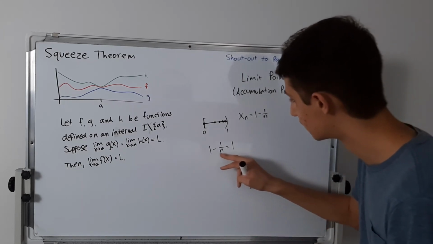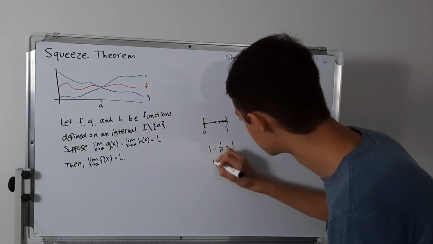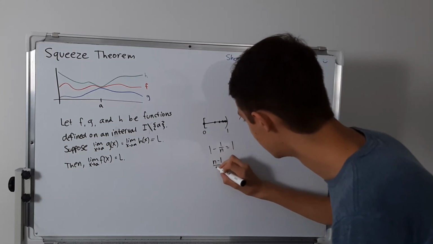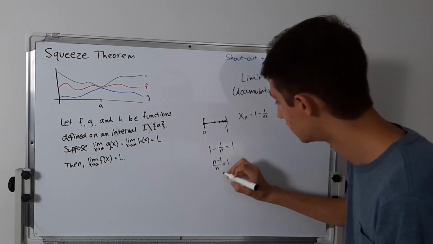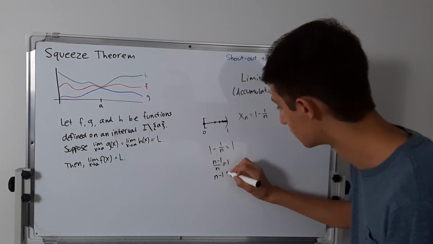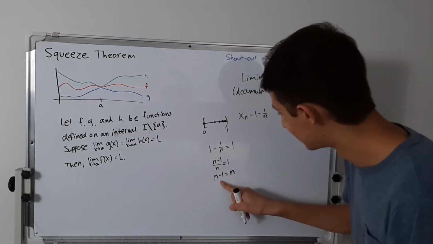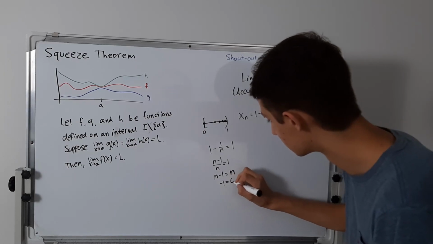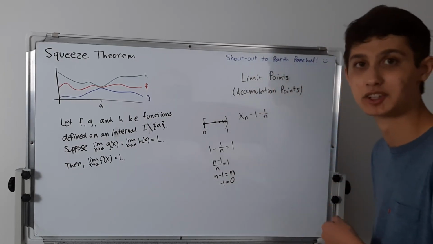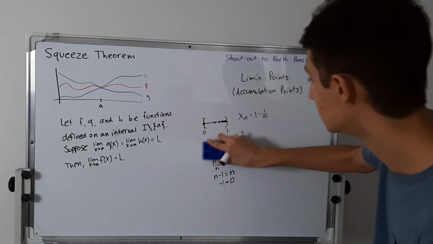Combining these, we get n minus 1 over n equals 1. Multiplying both sides by n, we get n minus 1 equals n. This is never true, because if we subtract n on both sides, we get negative 1 equals 0, and that is not true. So this never actually reaches 1, but it gets really close.